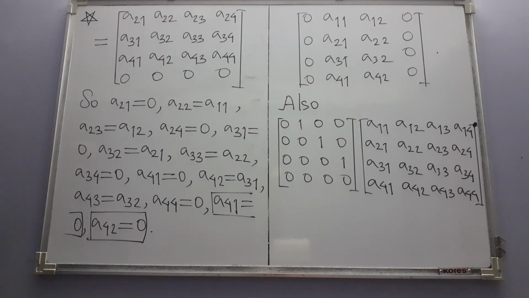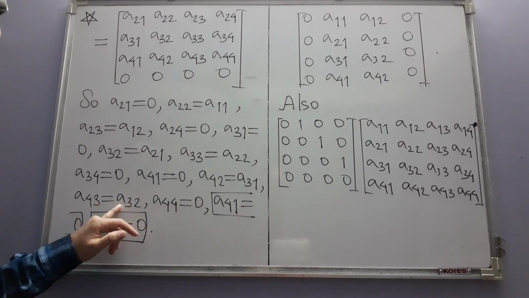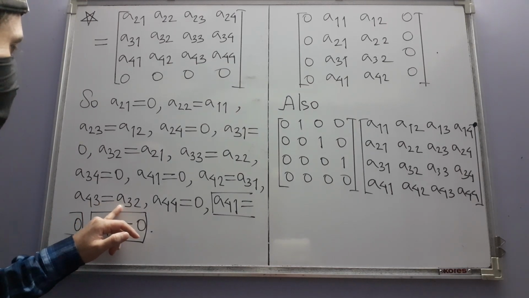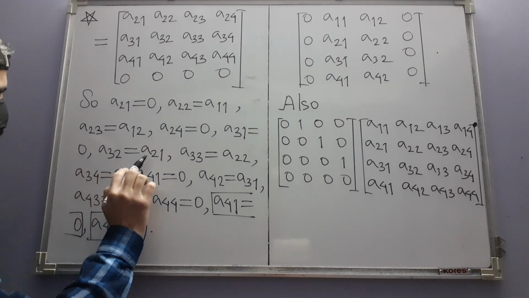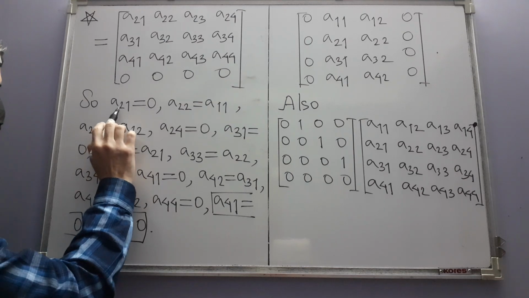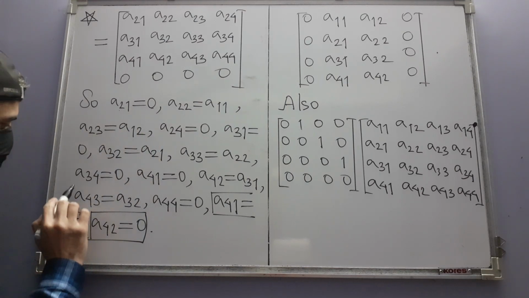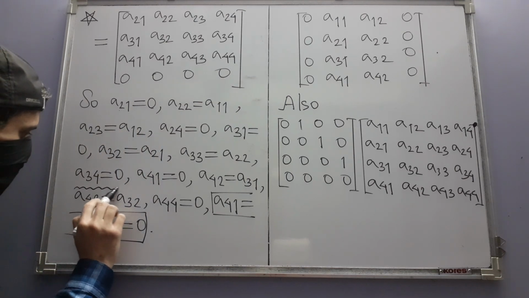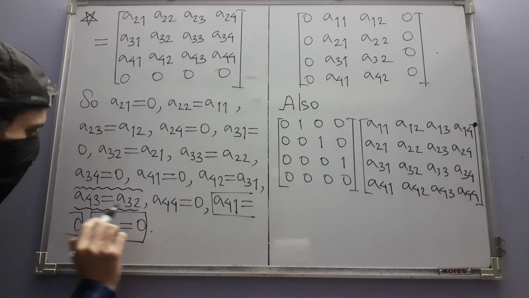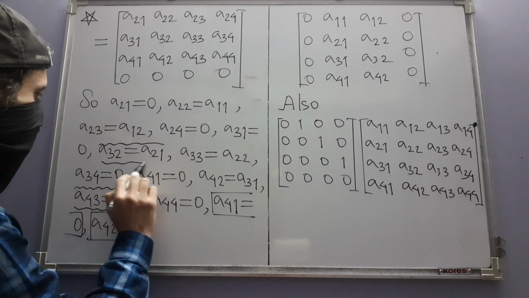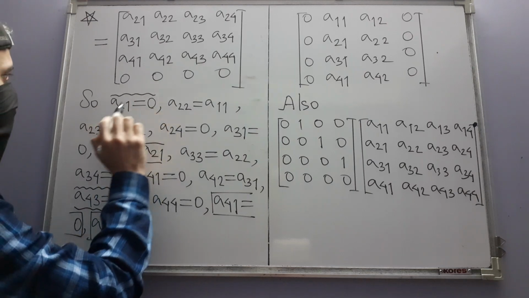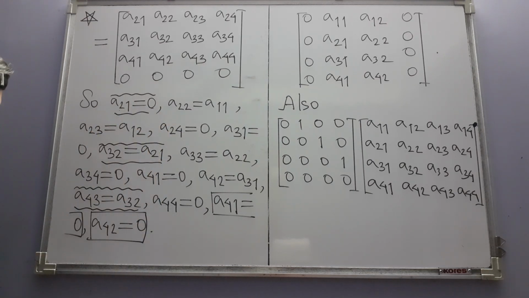Well, A43 is equal to A32. Do we have A32 here? See, A32 is equal to A21 and A21 is 0. So A43 is equal to A32, A32 is equal to A21, A21 is equal to 0.